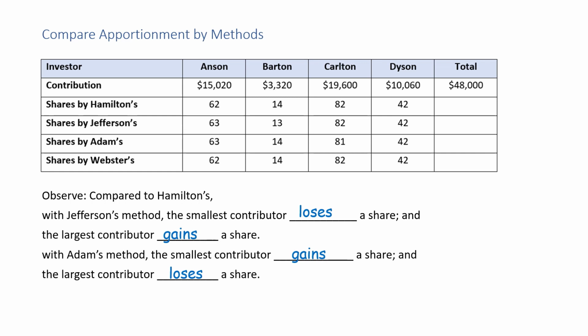At the time when Jefferson's method and Adams' method were proposed by Jefferson and Adams respectively, did Jefferson represent a large state or a smaller state? And I ask that same question for Adams. And then go back and take note that with Jefferson, the smaller loses, larger gains, and with Adams, the smaller gains and the larger loses.